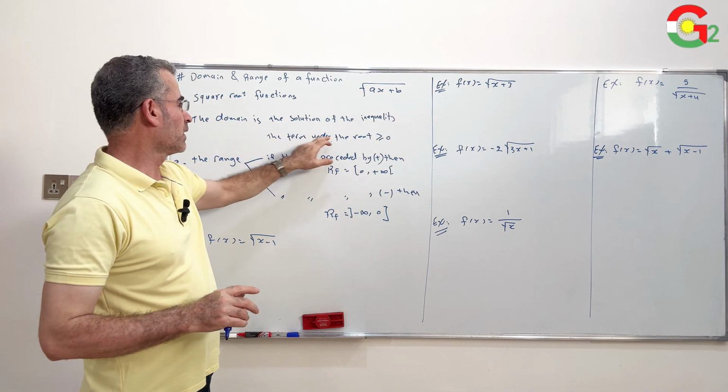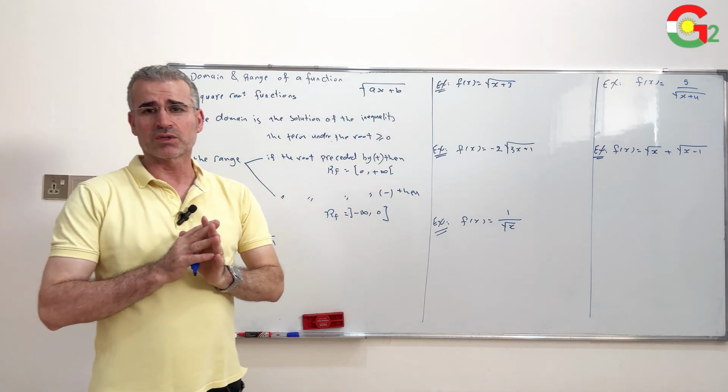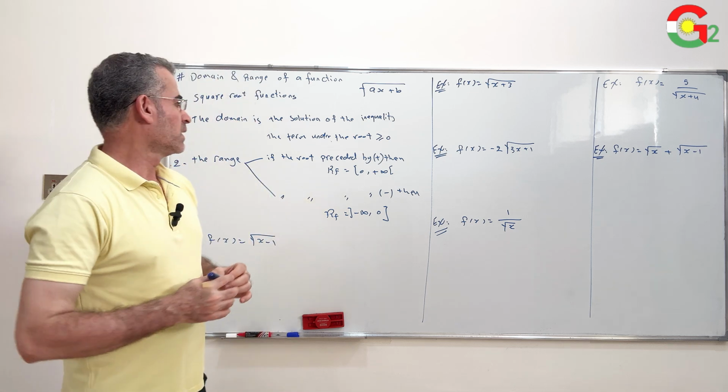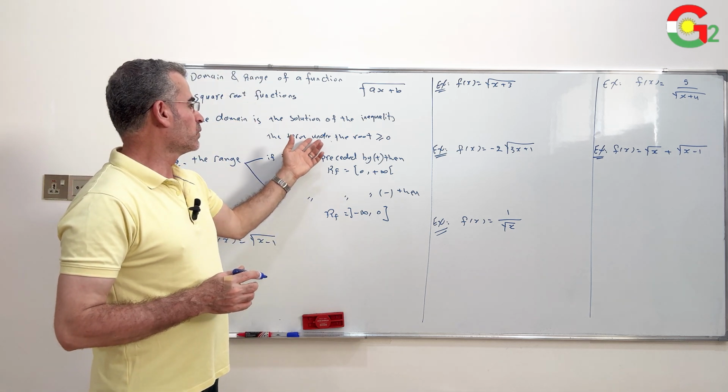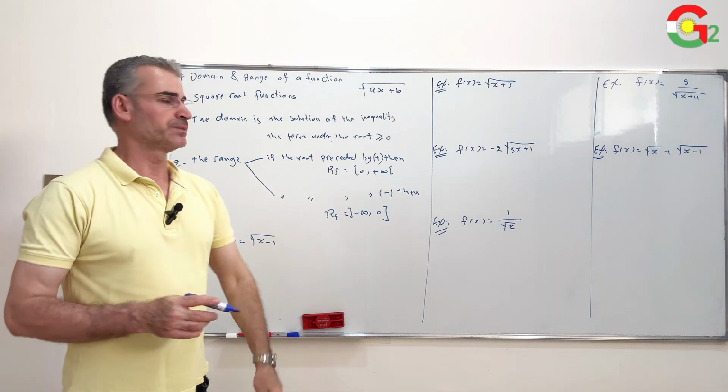The term under the root, I set greater than or equal to 0 and solve to find the value of x. Then the domain will be from this value to infinity.